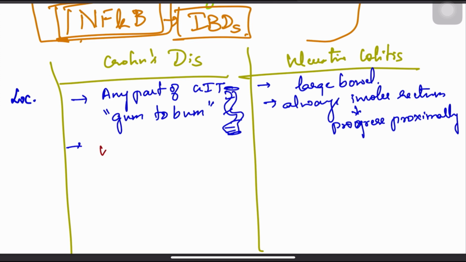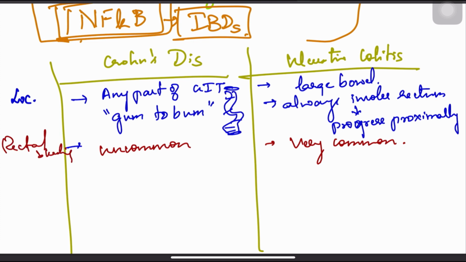That is uncommon in Crohn's disease, but very common in ulcerative colitis, because ulcerative colitis involves the rectum, so there will be more bleeding. Now, what about diarrhea?